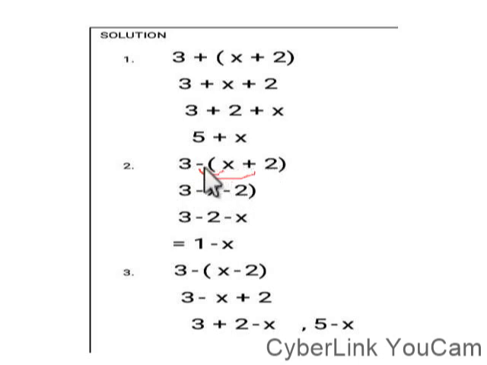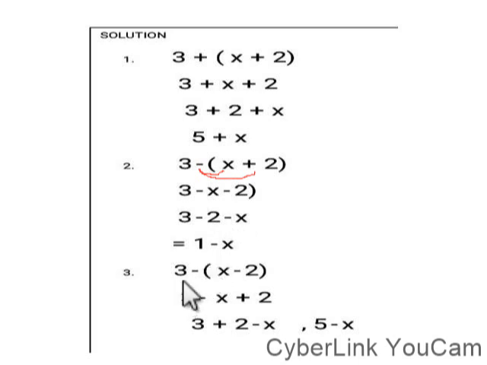Remember that minus times plus is minus, right? So minus times plus 2 will give us minus 2. Okay, I hope it's very clear. Now we can further collect like terms just like we have done previously. This one and this one, they are like terms. So we have 3 minus 2, minus x. So 3 minus 2 will give us 1, then minus x. We cannot bring them further together because they are unlike terms.